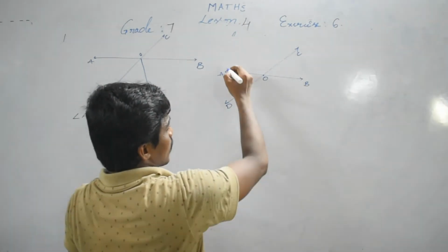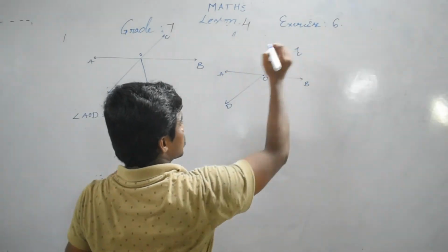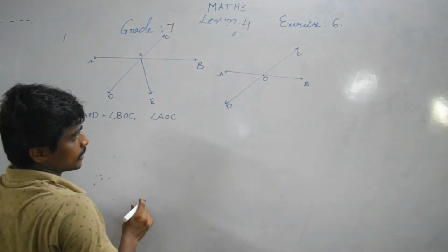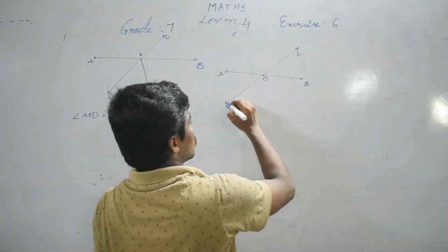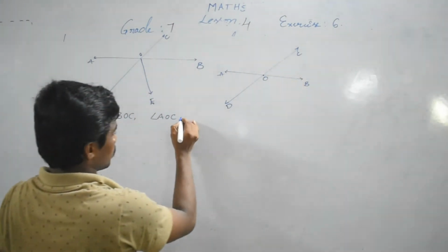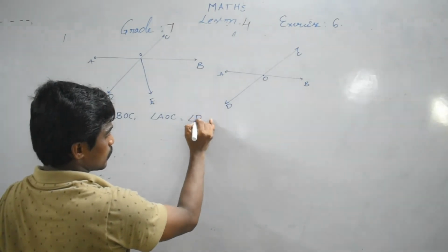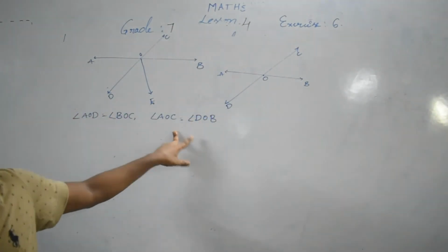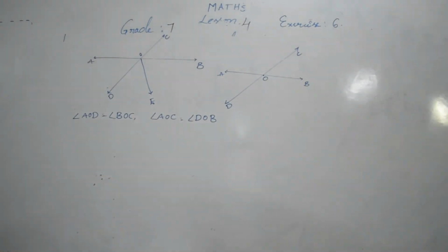Next, angle AOC, angle DOB. This is one pair, this is one pair. Opposite angles are equal. Next one.